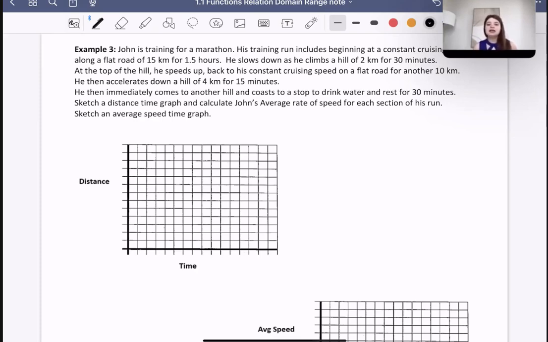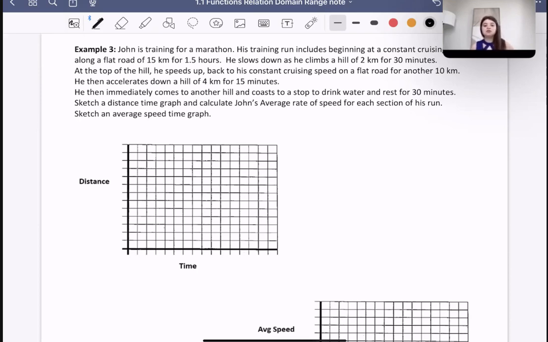Then he accelerates down a hill of 4 kilometers for 15 minutes. Then he immediately comes to another hill and coasts to a stop to drink water and rest for 30 minutes. Sketch a distance time graph, and calculate John's average rate of speed for each section of his run. Sketch an average speed time graph.